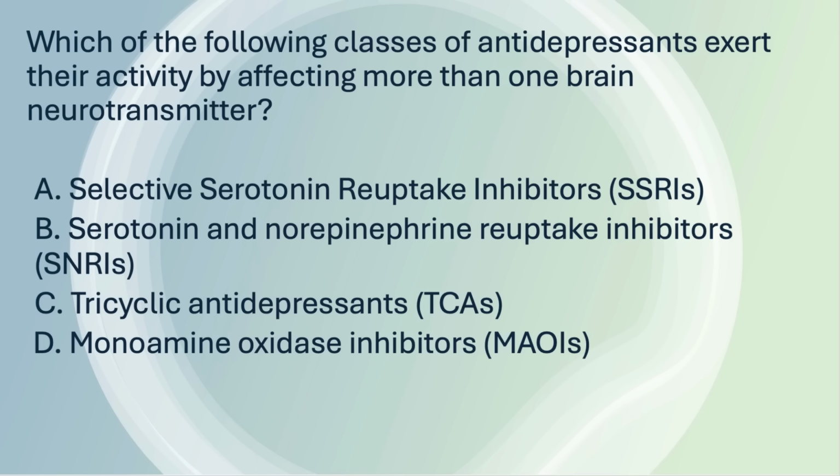And then D, MAOIs or monoamine oxidase inhibitors. They inhibit the enzyme monoamine oxidase, which breaks down serotonin, norepinephrine, and dopamine, increasing all three neurotransmitters in the brain. Examples of these are phenelzine and tranylcypromine. Again, MAOIs, you're very, very seldom going to see those prescribed.